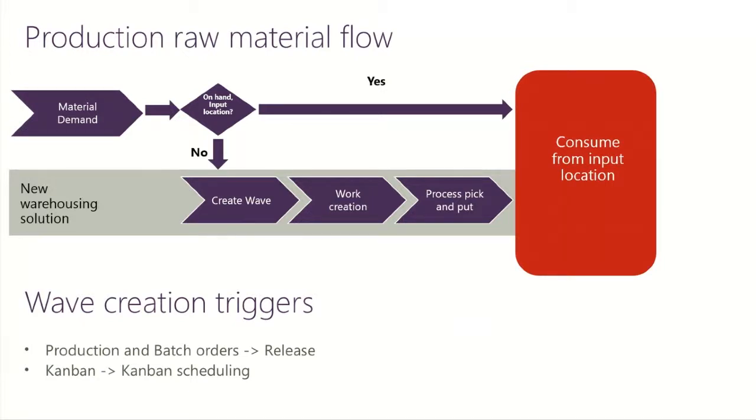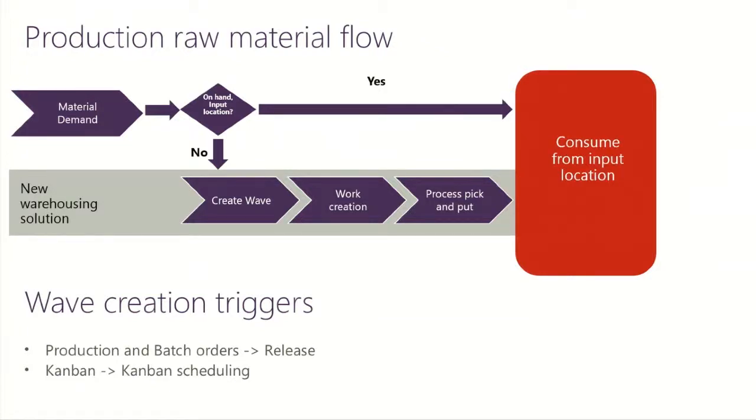If yes, that will be consumed, and warehousing functionality will not do anything. But in the case that that's not possible, that we either do not have anything or we have only part of the quantity that we need, then we will go to the next level, which says new warehousing solution, and we see some new concepts that you probably have or have not heard about.